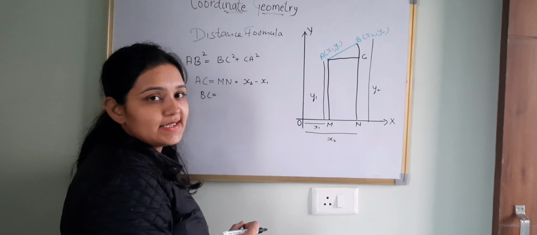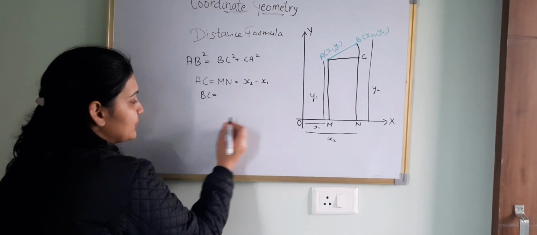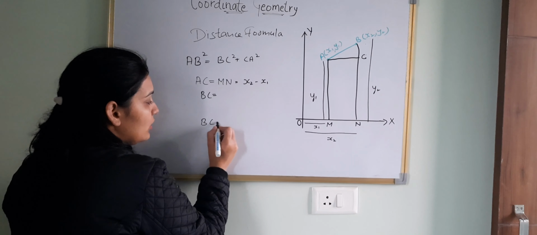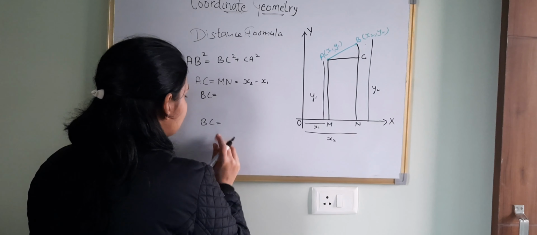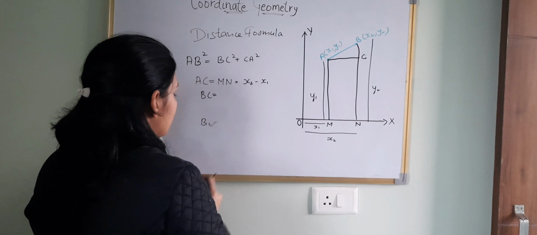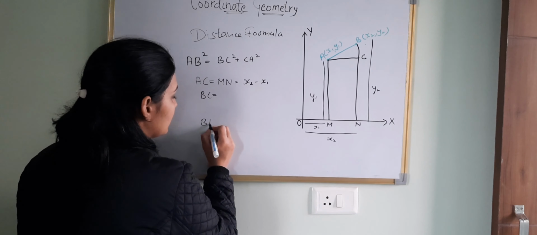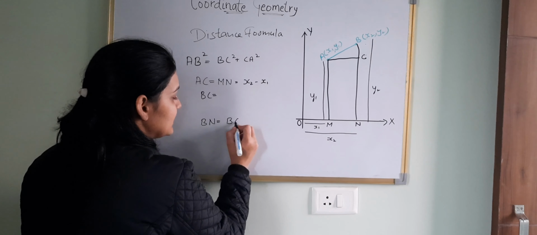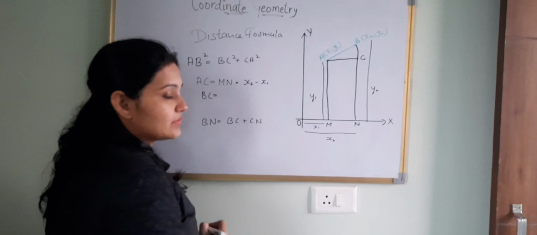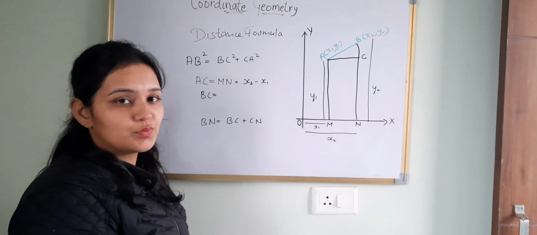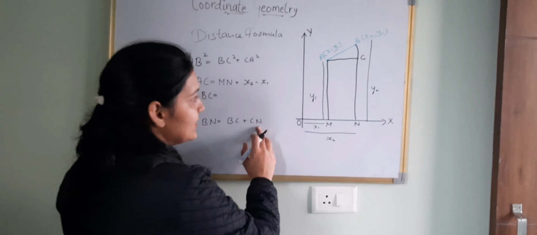How will you get BC? See, can we write BN as BC plus CN? Any problem? No.